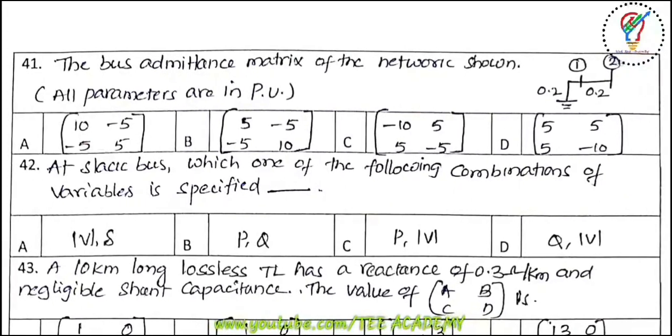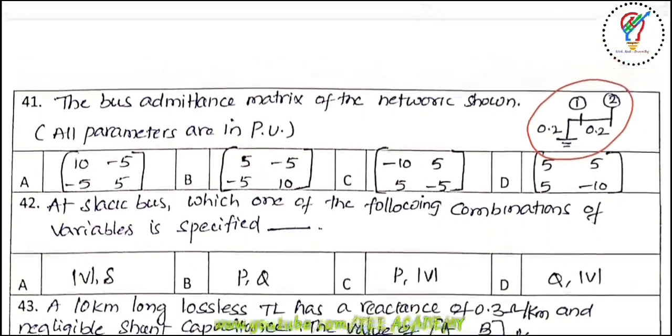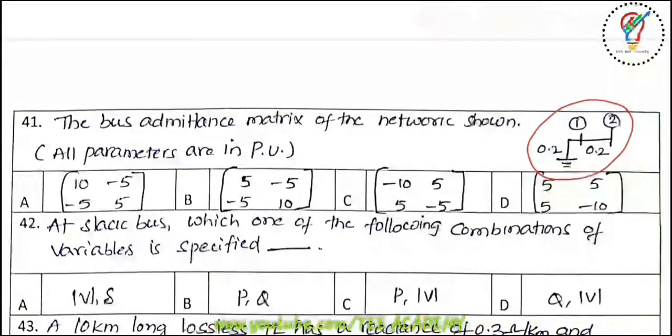The bus admittance matrix of the network shown here. So here there is a network, as you can observe. In that network, we need to find the value of y11, y12, y21. Okay, so first let me take the matrix here. First of all, y11. So capital Y11, if you take, there are two nodes connected here, so they are in impedances.